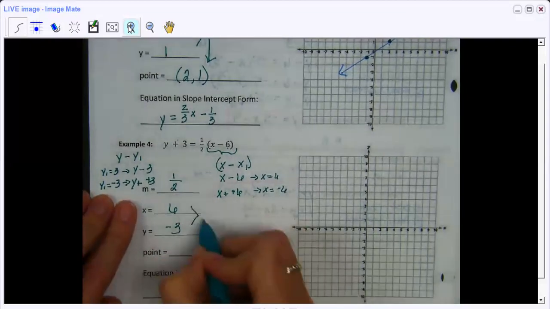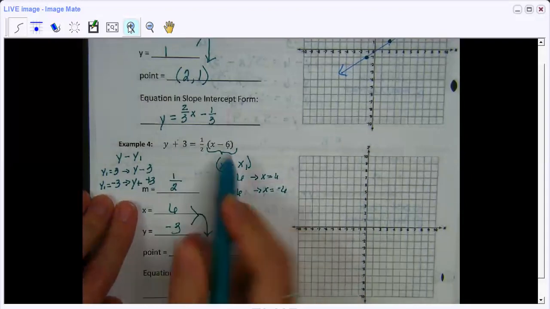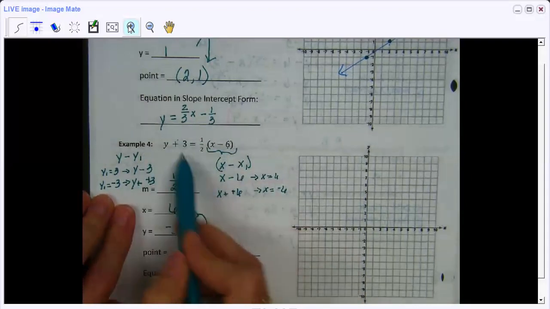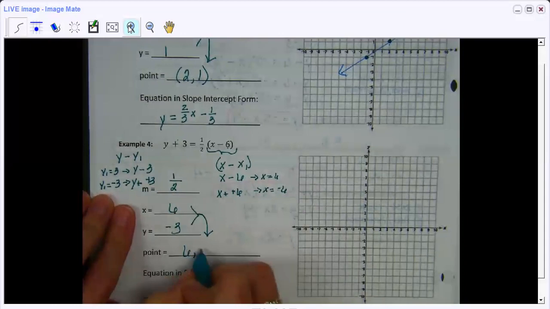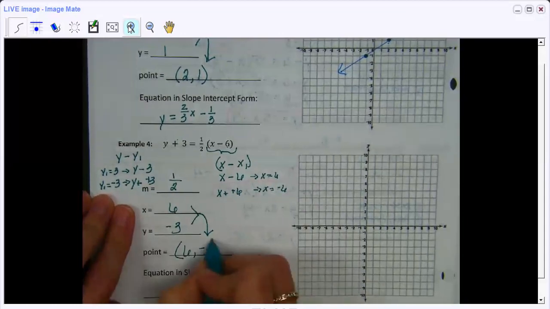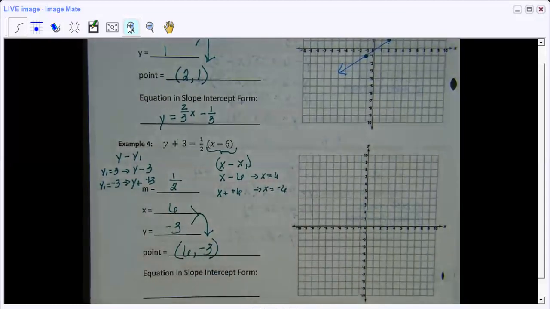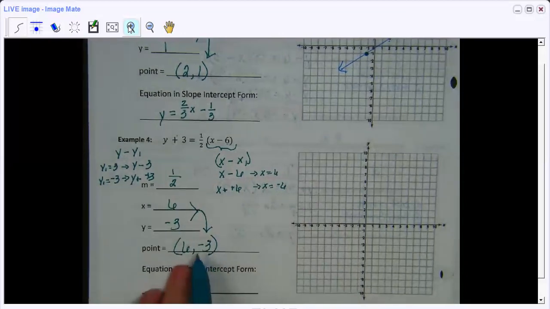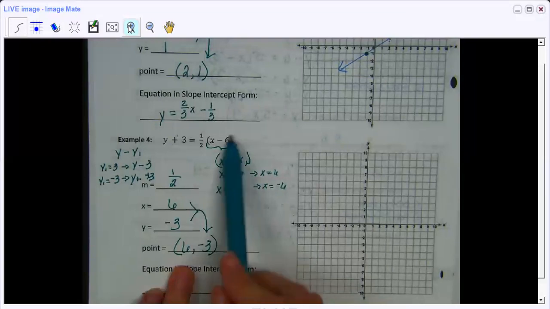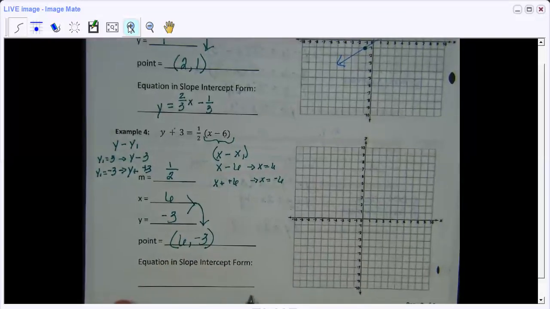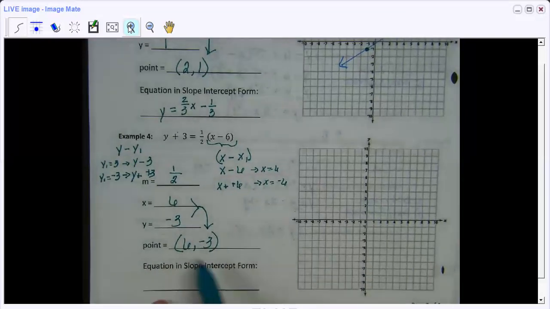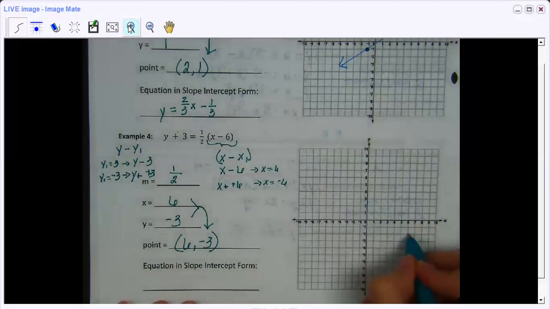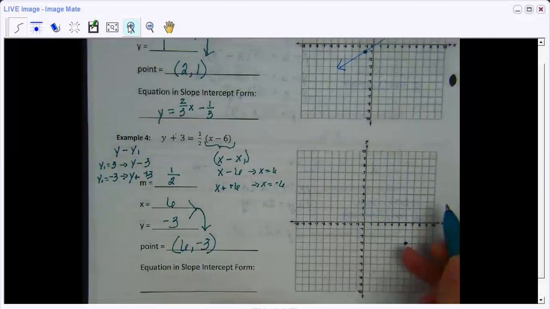So our point then that came out of this point slope formula is 6, -3. Okay. So I want you to plot your point at 6, -3, graph your slope. Then I want you to turn this into slope intercept and write your equation down here. Okay, so let's plot our point, 6, -3. And then graph your slope of 1/2.